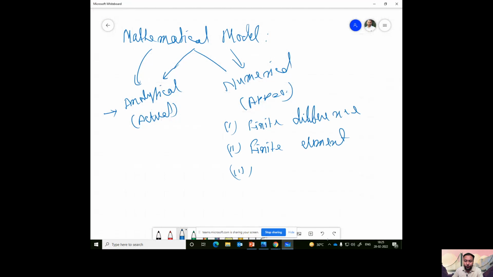We can adopt finite volume methods. But in today's lecture, I am planning to discuss the finite difference method.